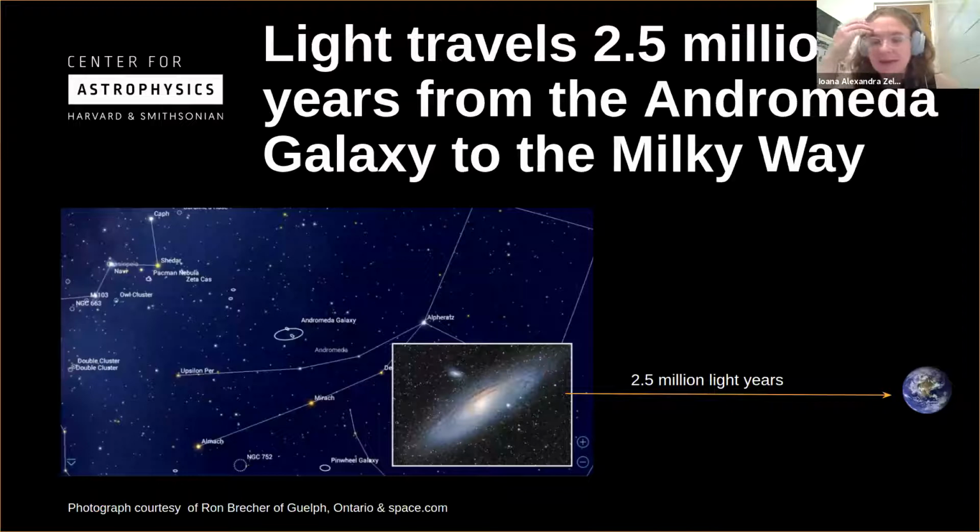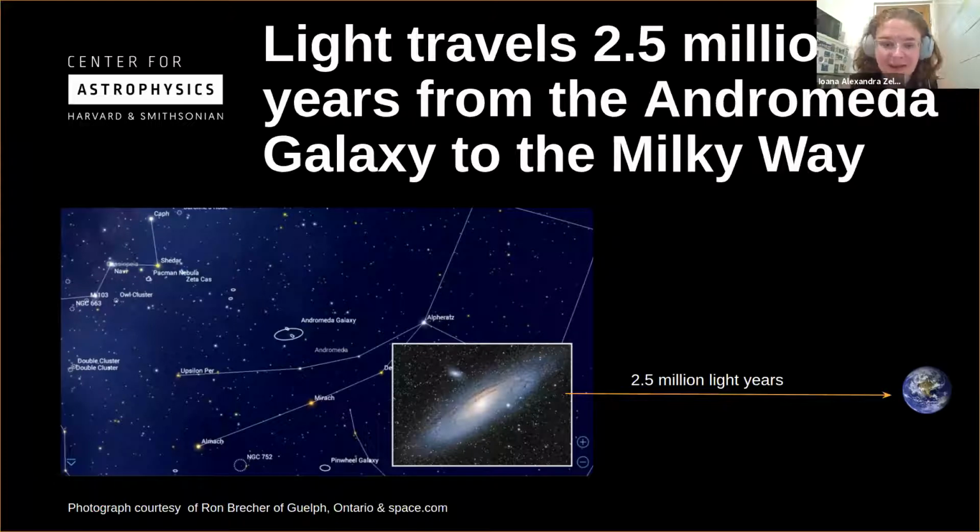And if we look at an object that is even further away, such as the Andromeda Galaxy, which is a companion galaxy to the Milky Way, located 2.5 million light years away, light travels for 2.5 million years before it gets from Andromeda to us. So when we see a picture of Andromeda like the one here, we're seeing Andromeda as it was 2.5 million years ago.